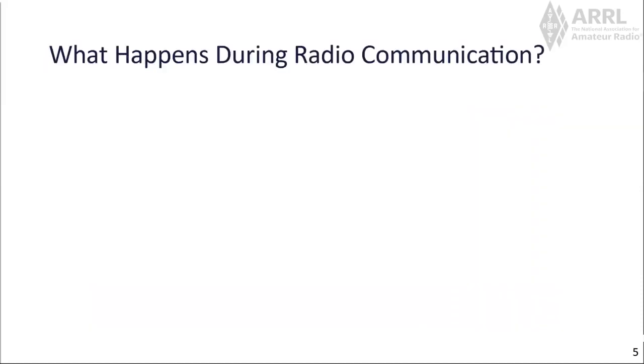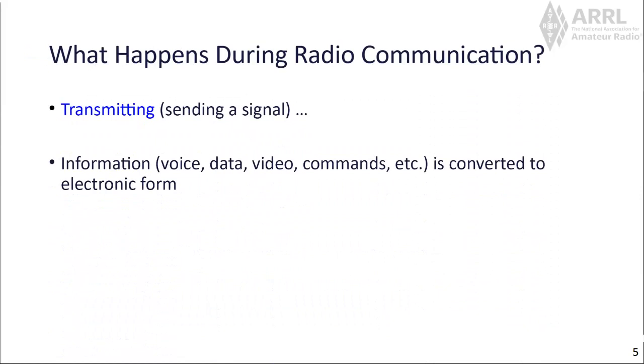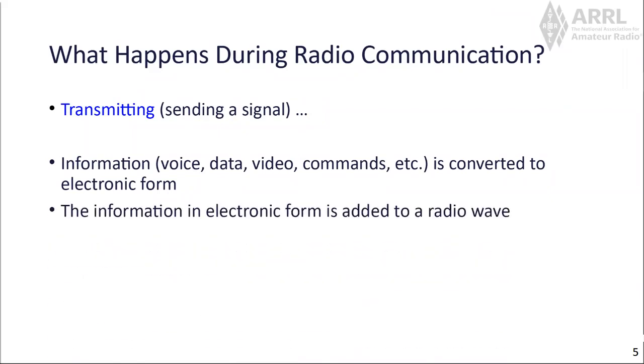What happens during radio communications? We transmit, that's sending your signal. You have information, voice, data, video, commands, etc., and that is converted to an electronic form. The information in the electronic form is added to a radio wave.